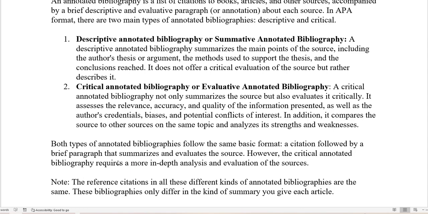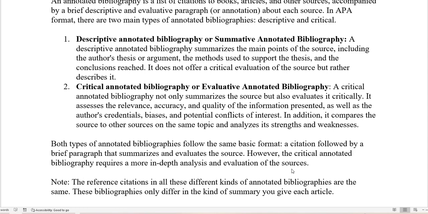Both types follow the same format: a citation followed by a brief paragraph that summarizes and evaluates the source. However, a critical annotated bibliography requires a more in-depth analysis and evaluation of the sources. So yes, after you've spent a lot of time on your paper, then the professor starts to require that you don't just summarize it, they want your opinion on it.